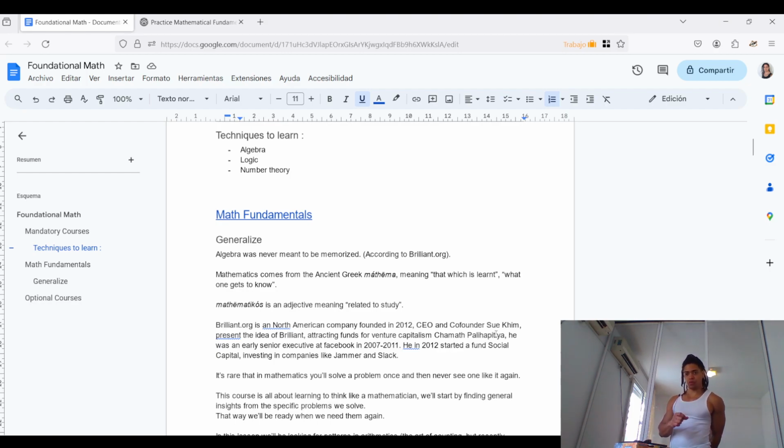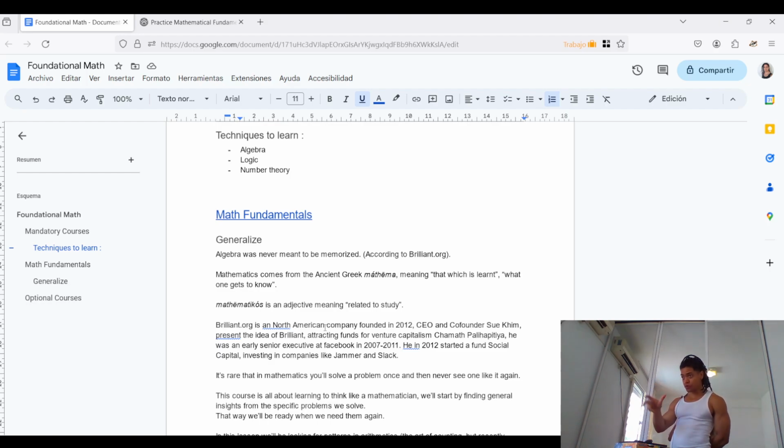He previously worked as a senior executive at Facebook from 2007 to 2011, and then in 2012 started a fund called Social Capital. So they rebranded that to something called Social Capital. These funds invest in companies like Yammer and Slack. All right.